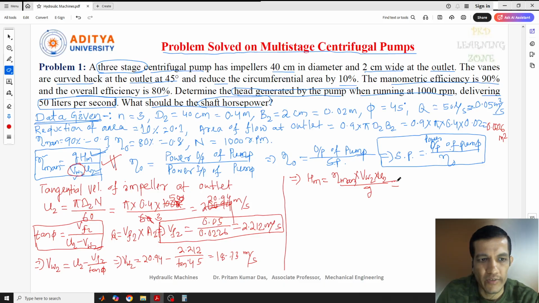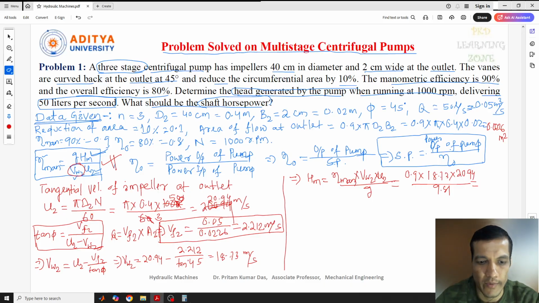So how much is the manometric efficiency? That is 90%, so this means 0.9. vw2 just now we calculated as 18.73, and u2 also we calculated, that is 20.94, divided by g value 9.81.